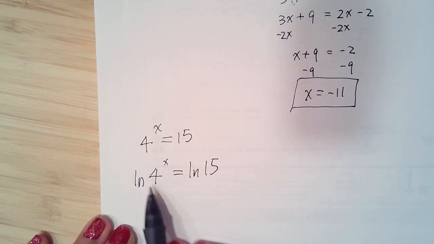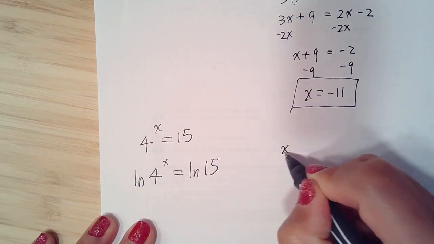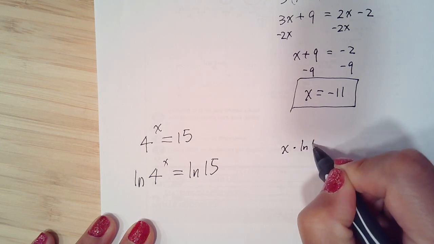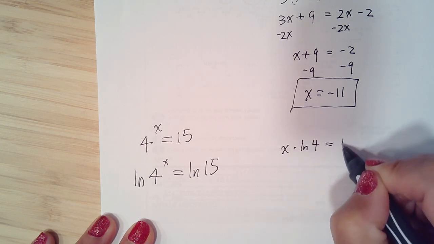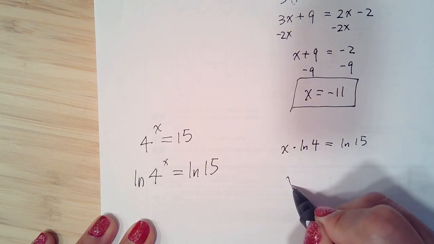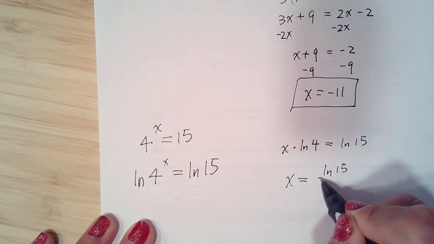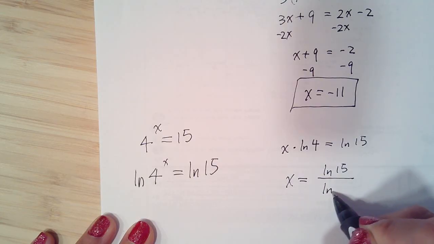You're going to bring that to the front. Remember the property we just learned? So we get x times ln 4 equals ln 15. So my x will be ln 15 divided by ln 4.